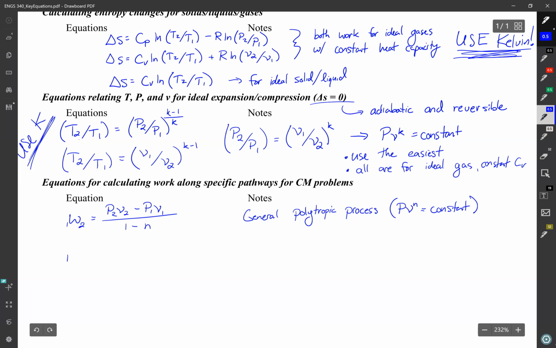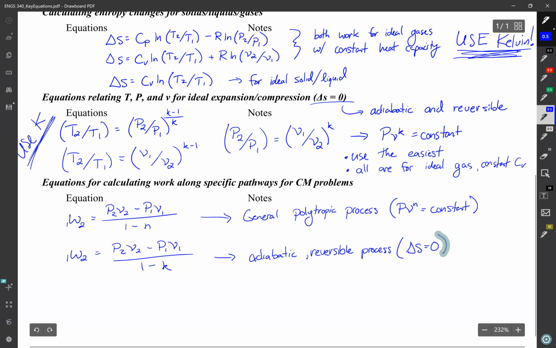For P2 V2 minus P1 V1 all over 1 minus K. This is for an adiabatic reversible process, delta S equals 0, right, which is PV to the K is a constant.